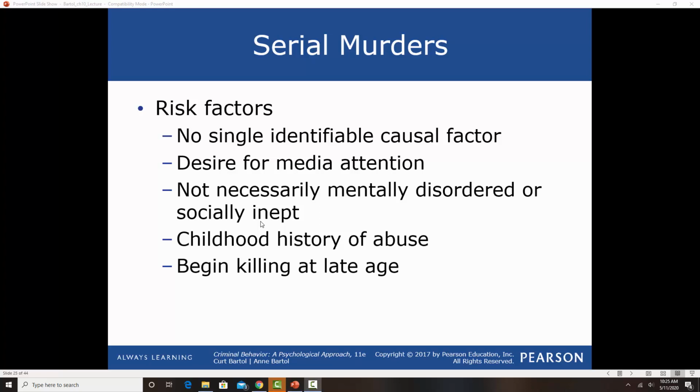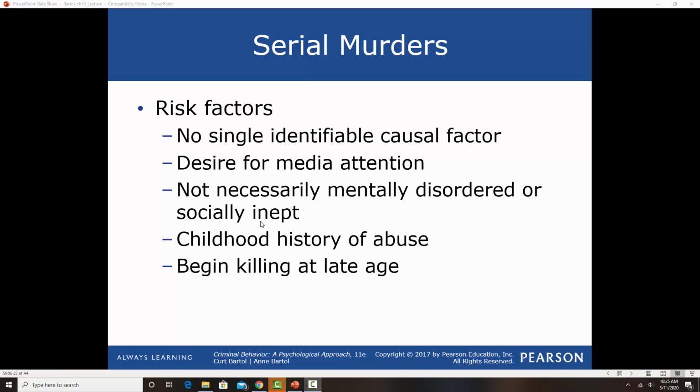Most do not have mental health issues that would involve things like being psychotic or hearing voices or delusions or anything like that. I mean, definitely antisocial personality disorder, but they're not having any problems with reality. Most are not impulsive. Most are pretty deliberate and premeditated and careful.